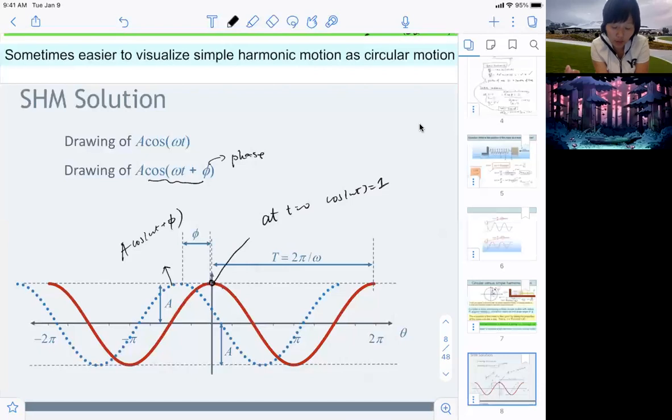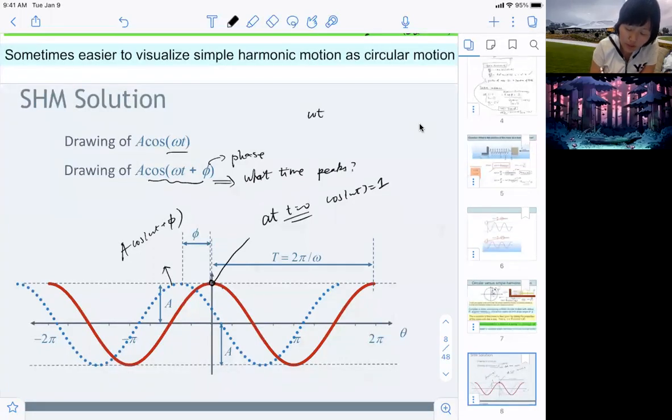So let's look at the peak value. For the cosine one, we know that it peaks at t equals 0. Using that as a reference, let's see at what time this function peaks. When cosine omega t plus phi is 1, that is the peak, which means omega t plus phi needs to be 0, because cosine of 0 is 1.